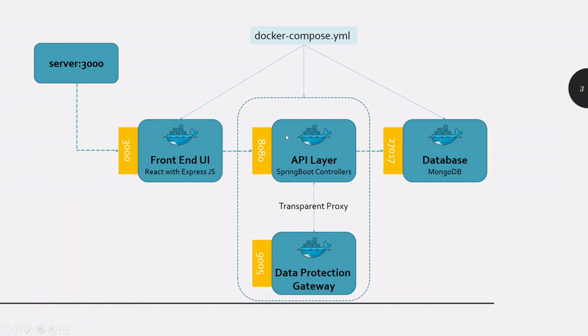All these three components, at the end of this multi-part series, we will be deploying all of them in Docker containers, and add the Data Protection Gateway container to it for transparent encryption of your data. And all of these things I'm going to do through docker-compose.yaml, but you can easily modify your application code to work in other environments like Kubernetes.